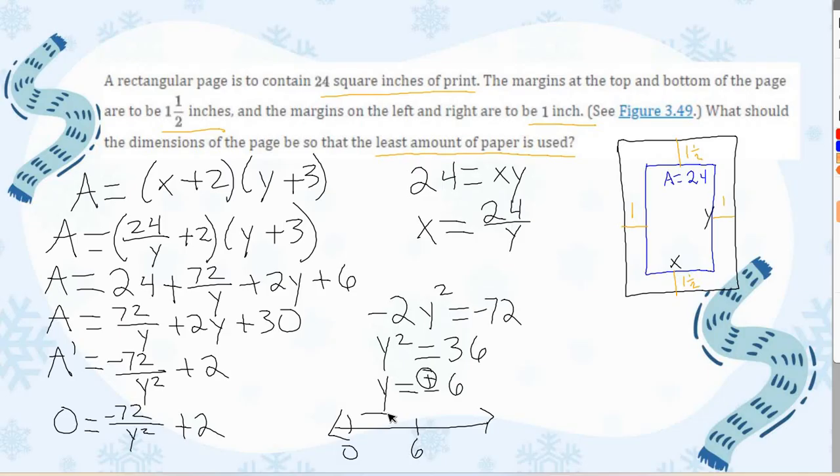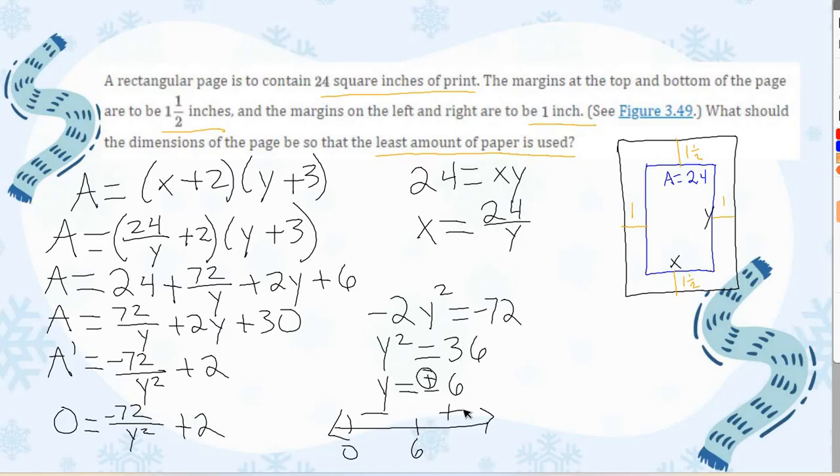Smaller, because it's less than 1, so we would end up with a positive overall. Which makes sense, because we should be going from decreasing, negative, to increasing, because we want the minimum this time. Yes? Questions?